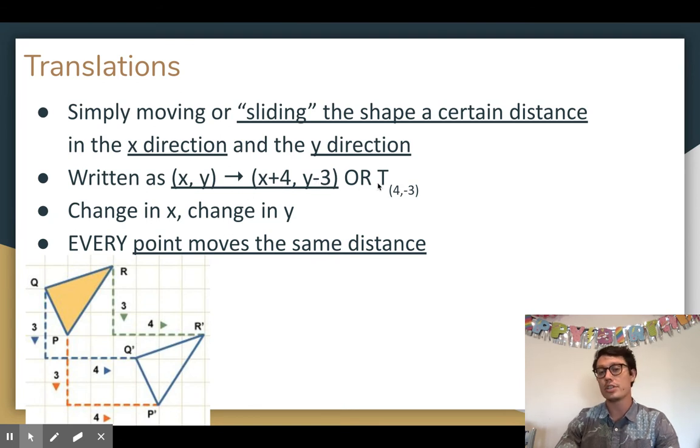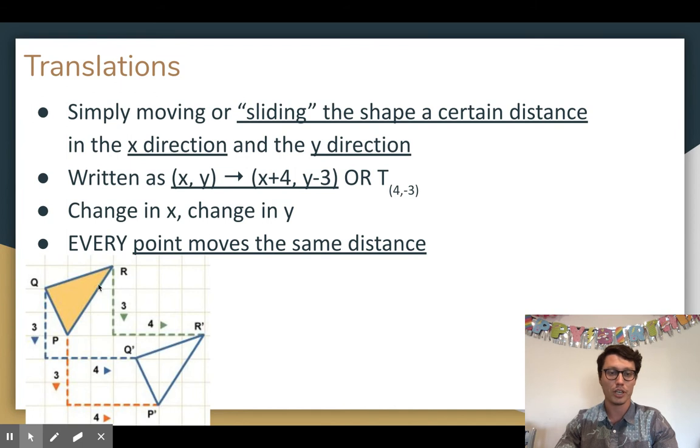A different way you can see it is capital T. The capital T stands for translations, and the 4 is the x direction, negative 3 is the y direction, similar to how you would see a coordinate point, right? It always correlates to a change in x or a change in y. Remember, this is just a specific example, right? You can change in the x direction any number. You can change in the y direction any number, okay? But in this, every point moves the same distance.